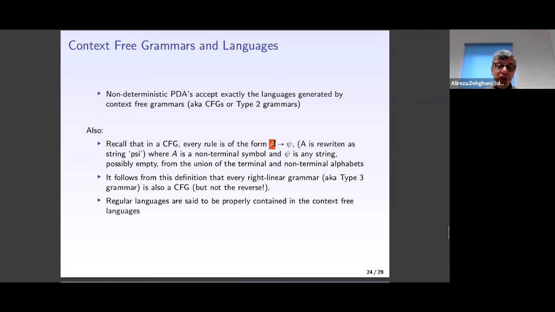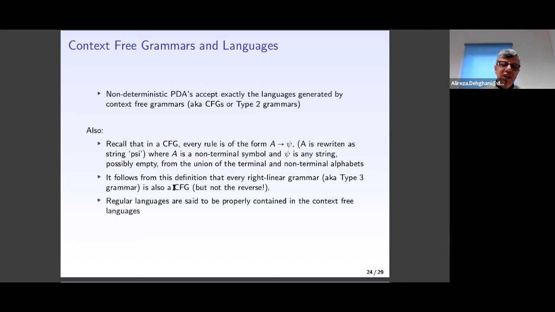On the left-hand side, you should have only one capital non-terminal character, and on the right-hand side, you can have a combination of terminal and non-terminal characters. Okay, it follows from this definition that every right linear grammar, type 3, is also a CFG. Do you remember? Type 3 grammars were a kind of subset of type 2 grammars. What does it mean?